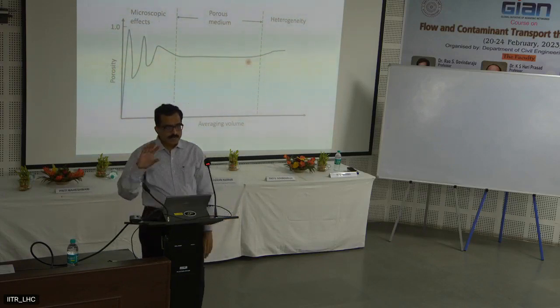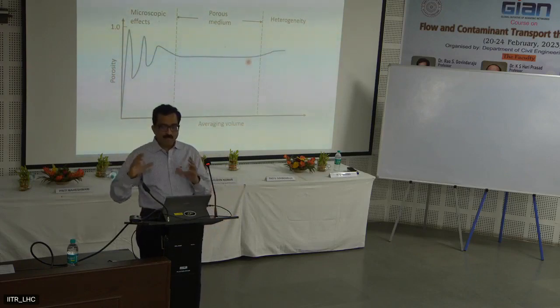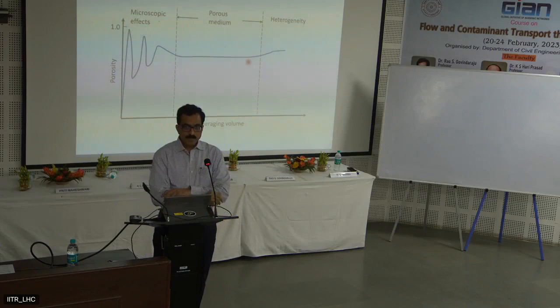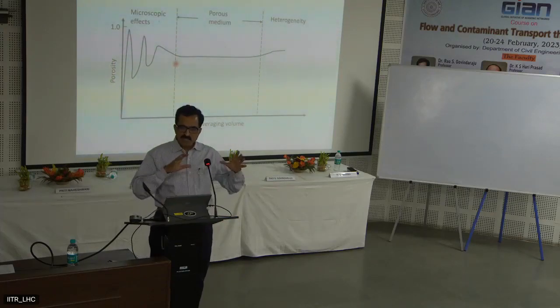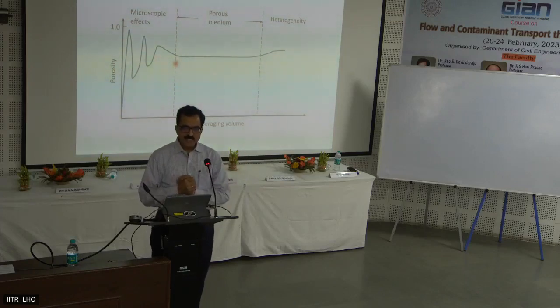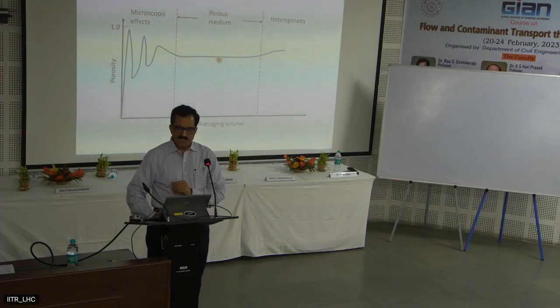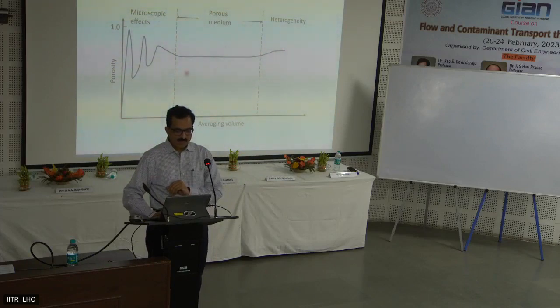We are thinking that the porous media as a bulk is not changing. Whatever the arrangement of the soil particles is in some statistical sense, on average, that cannot be changing. If it is changing, that means it has become heterogeneous. So you can have changing properties either because of heterogeneity or because you haven't even reached the representative volume yet.